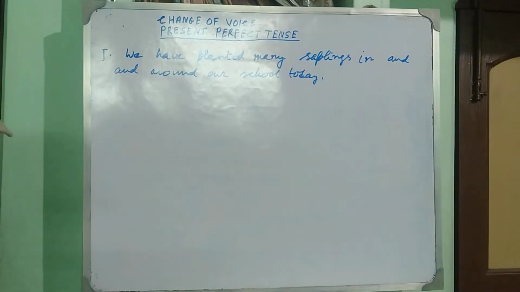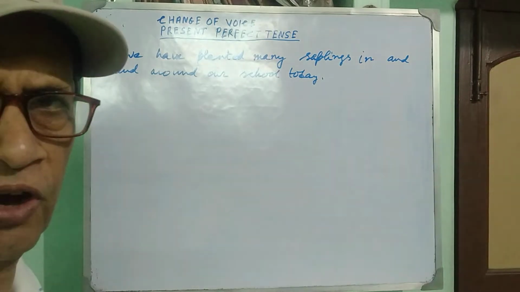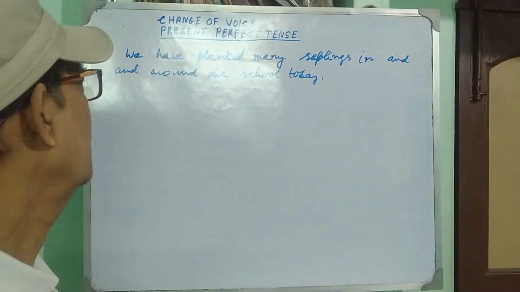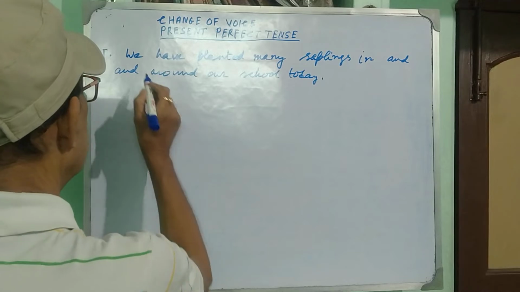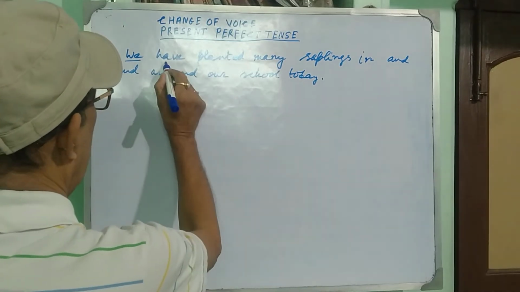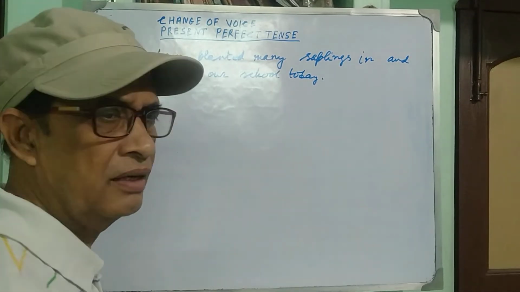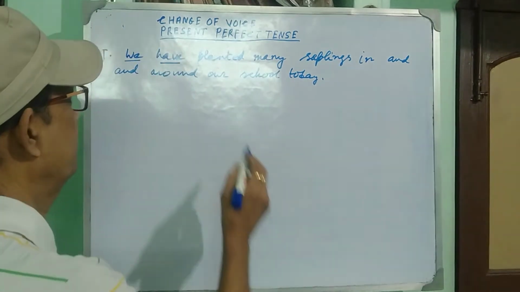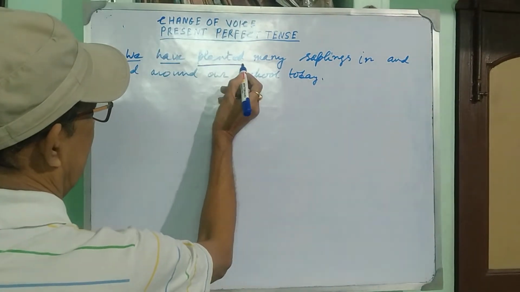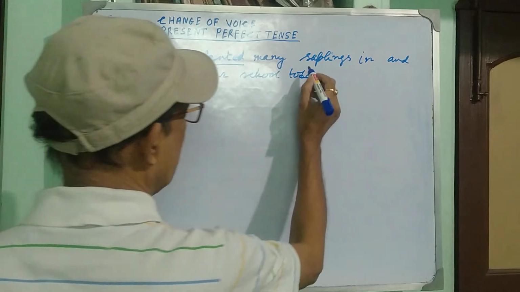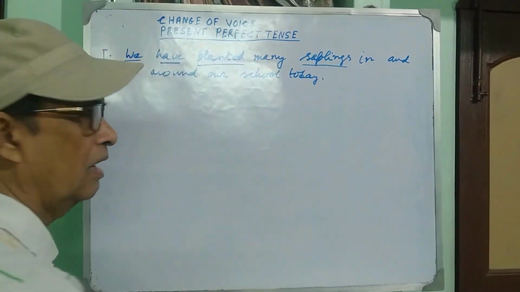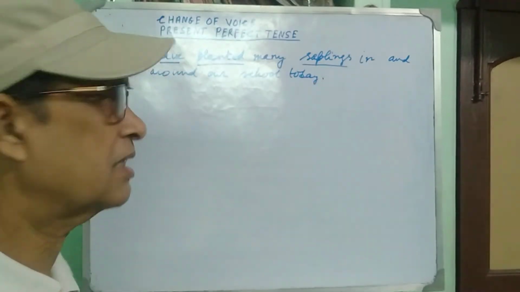Now let us study the sentence very carefully. You see that we is subject and have is auxiliary verb, planted principal verb, saplings object. How will you pick up the object?